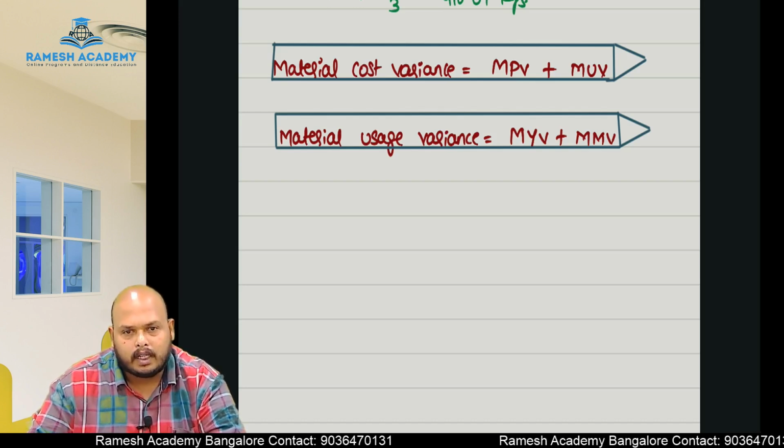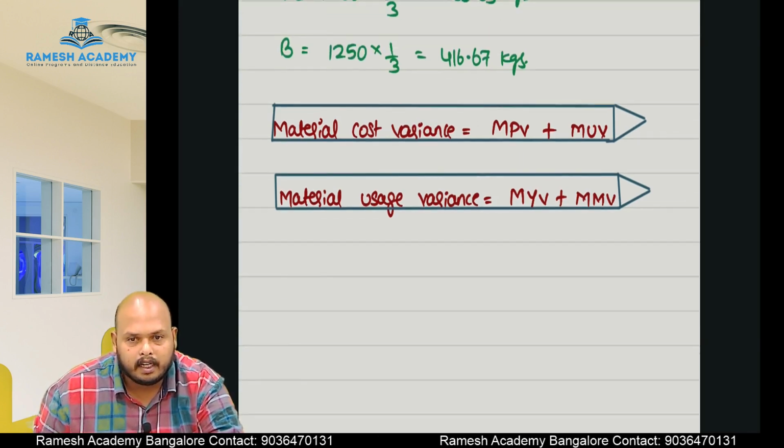So these are the two formulas which we will use: material cost variance and material usage variance.